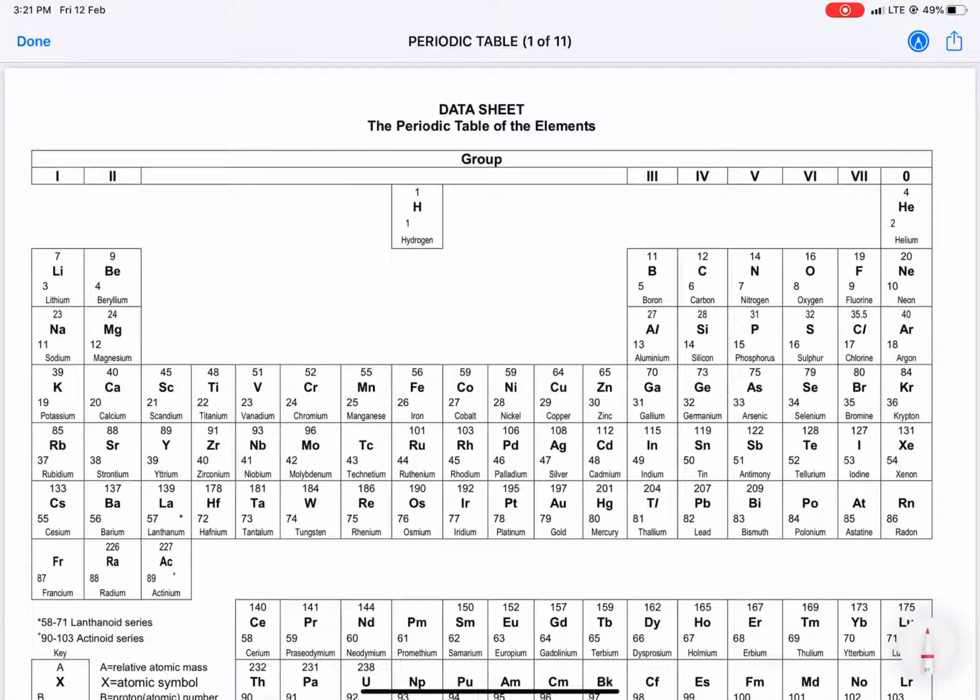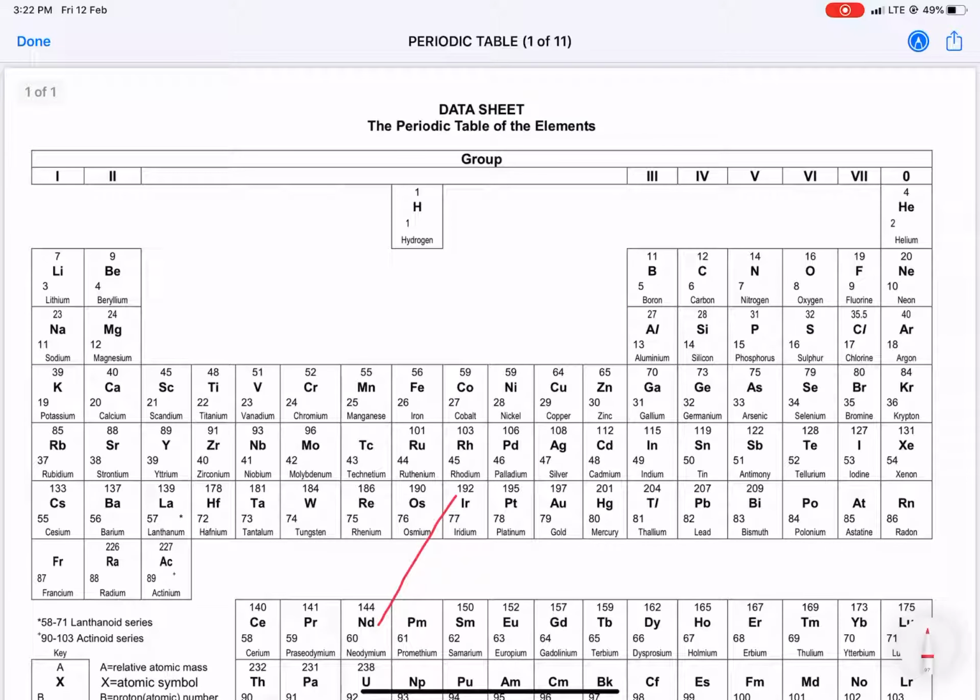By definition, the periodic table, the one you are seeing on the screen, is a table that shows elements in order of their increasing proton or atomic numbers. Okay, I'm sure you remember when we were dealing with the atomic structure.